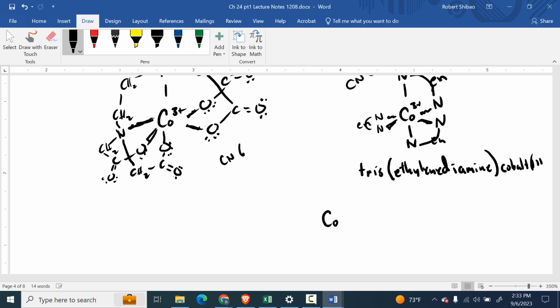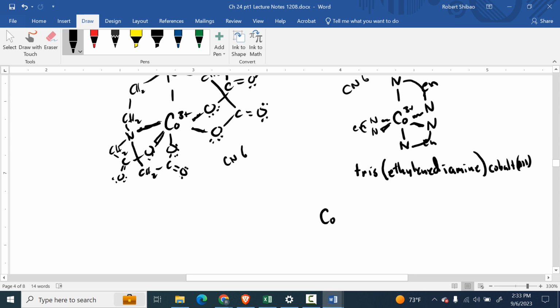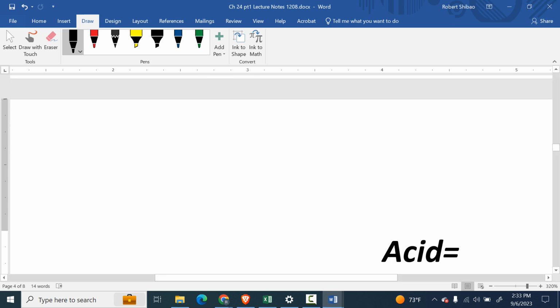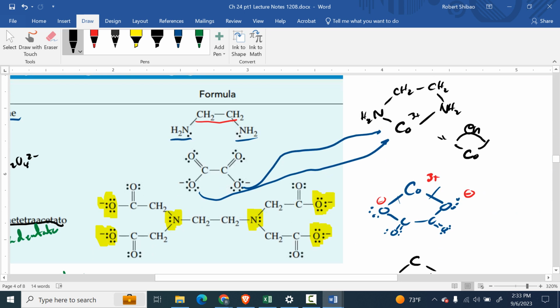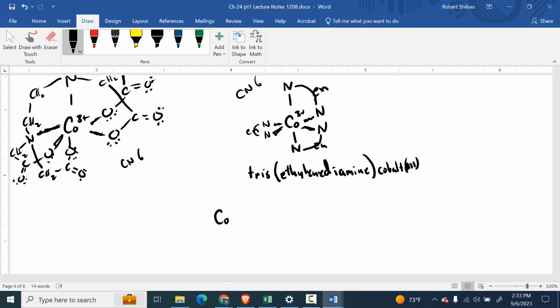3. There's a charge on cobalt 3. Let's see, my pen is a little bit bad. The formula for this is kind of opposite. The formula for this is we write the central metal first. And so let me go ahead and write the formula for this.